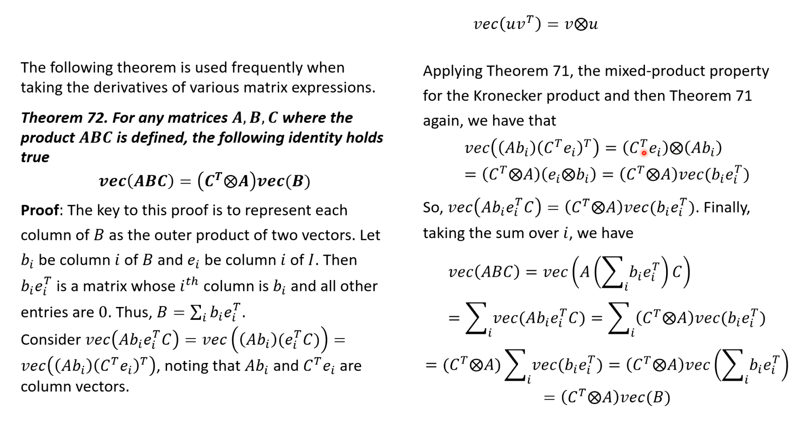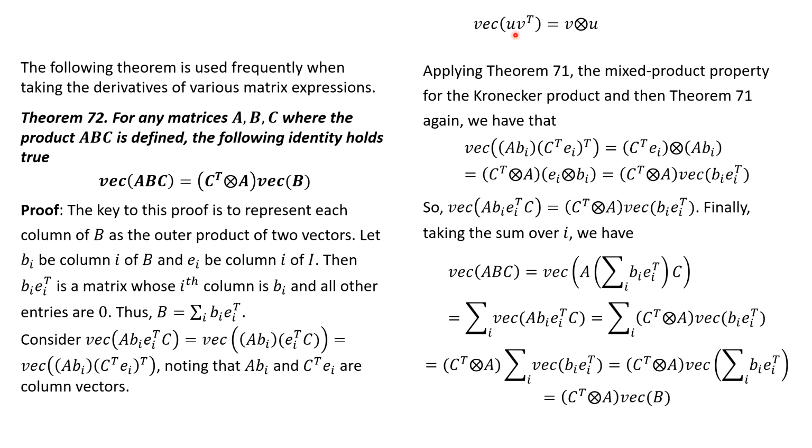Okay, and then going from here to here, we use the mixed product property of the Kronecker product. And that just says this is equal to taking the Kronecker product of the first term with the first term here, and then multiplying that times the Kronecker product of the second term with the second term. That's this.